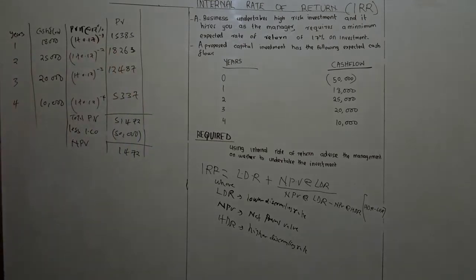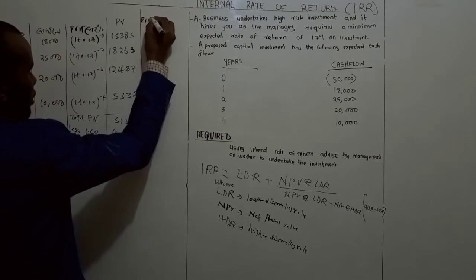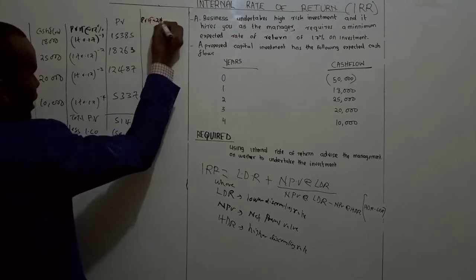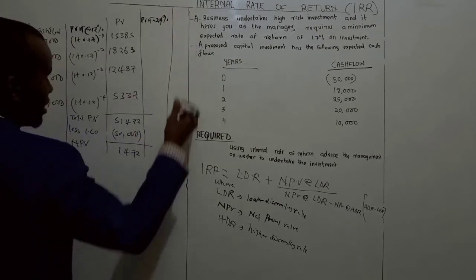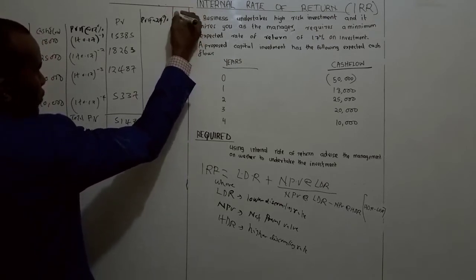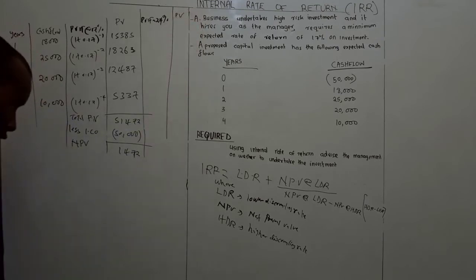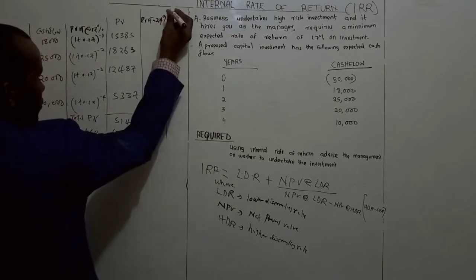So let me choose 24%. That means we need to first get the present value interest factor at 24%, then we will get the present value.